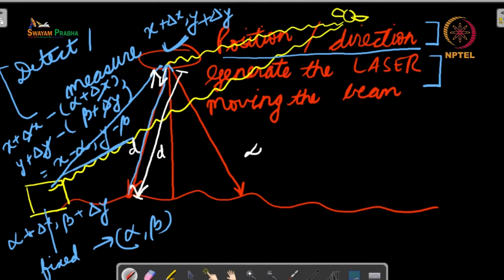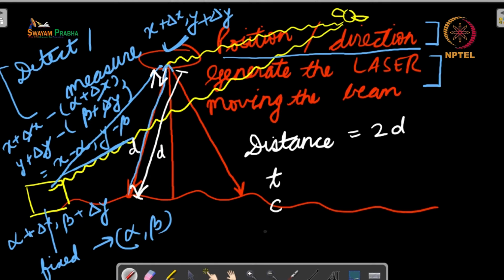So you have a total distance of twice d. Now we can measure the time it takes for the laser beam to come back after it has been shot. Suppose the time is t.